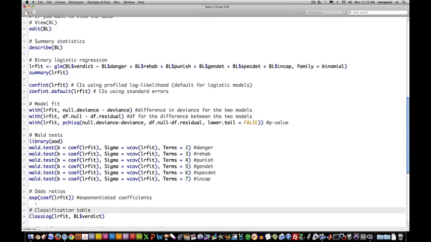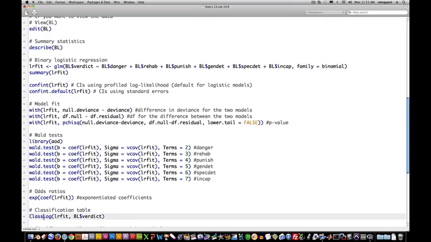We can also look at our classification results, and there's a function called class log. And again, we just take our LR fit, and we want to look at verdict. That is, how well did we predict the actual verdicts.